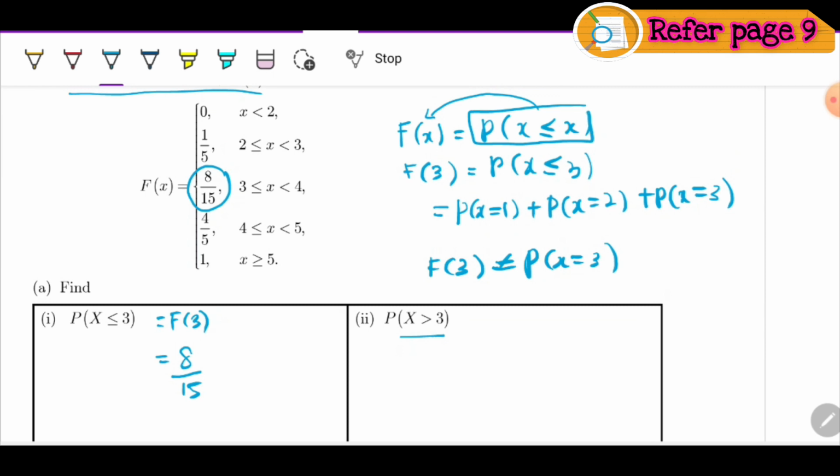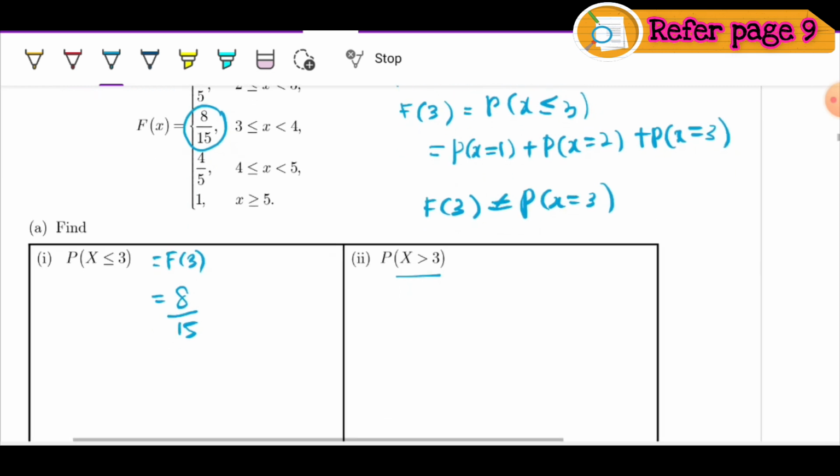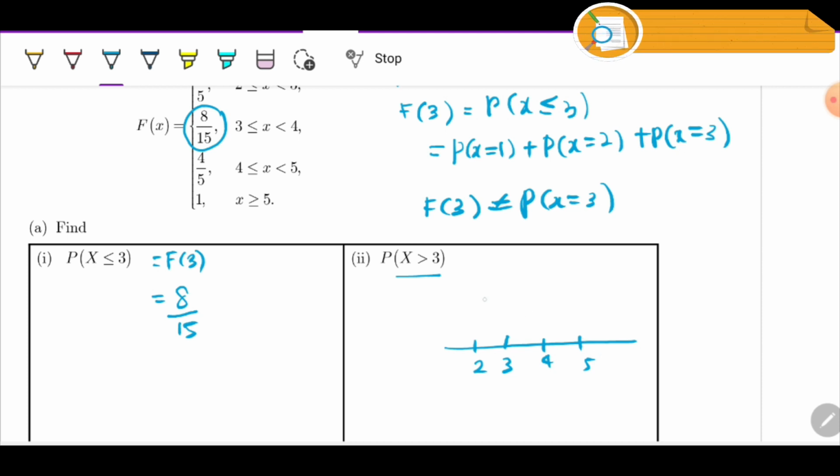So we can use a number line to help us find the probability when x is greater than 3. So draw a number line. Start from 2, 3, 4 and 5. So what we want is x greater than 3. Okay, open circle for 3, because the question doesn't want x equals 3.